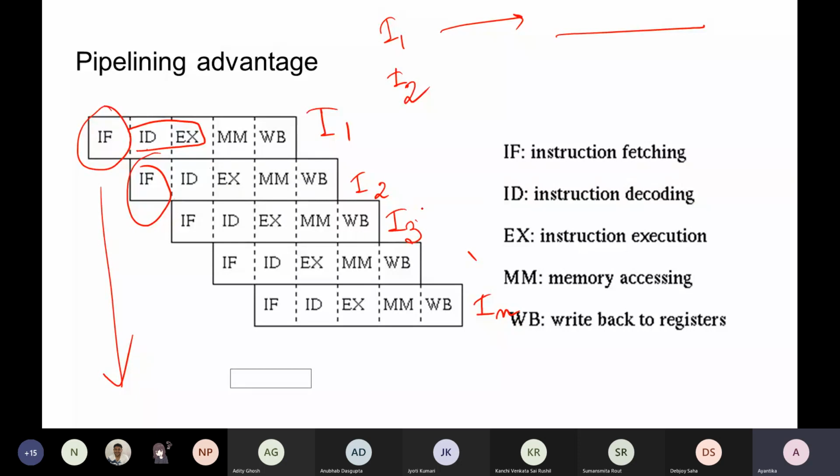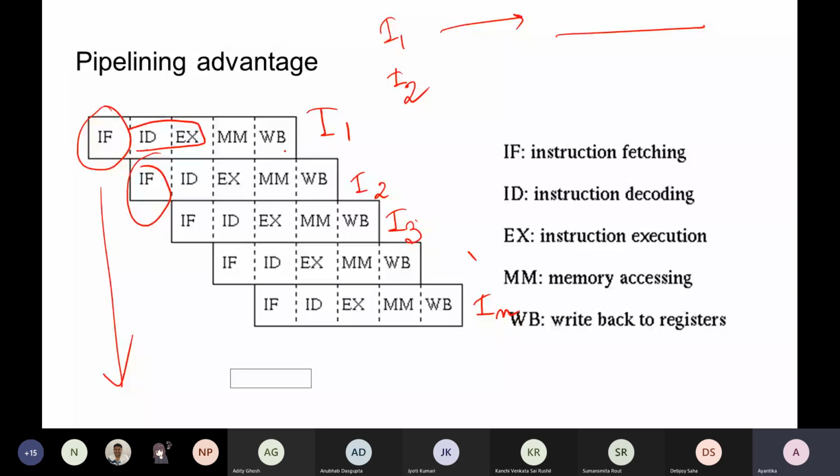At a particular time, if we consider this as one cycle, initially we were not using any pipelining, any parallelism in this manner. This is also another type of instruction level parallelism.